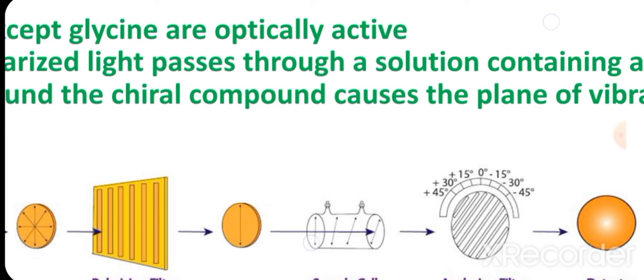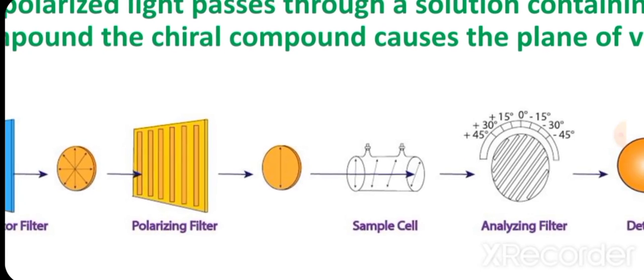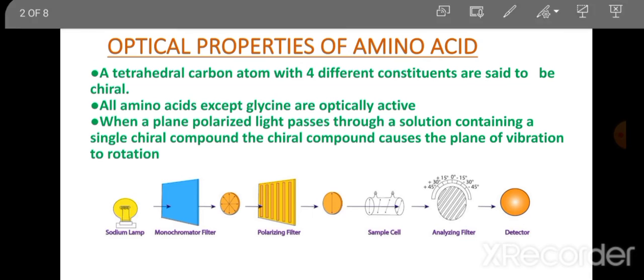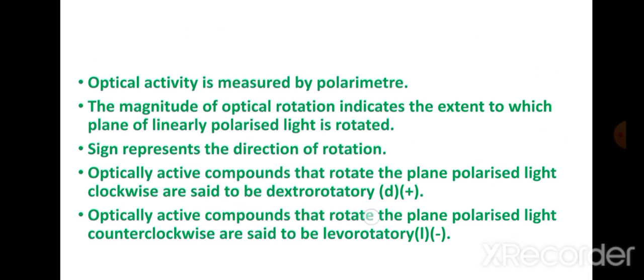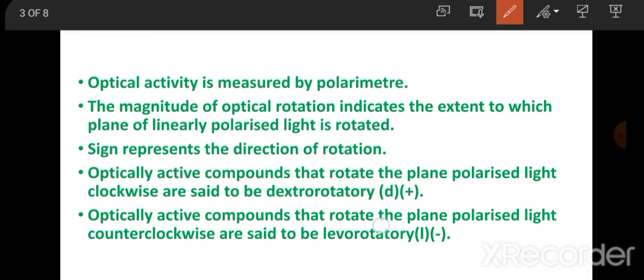This direction has the plus sign and is dextrorotatory, and this direction has the minus sign, L, left side: this is levorotatory. Optically active compounds that rotate the plane polarized light counterclockwise are levorotatory.